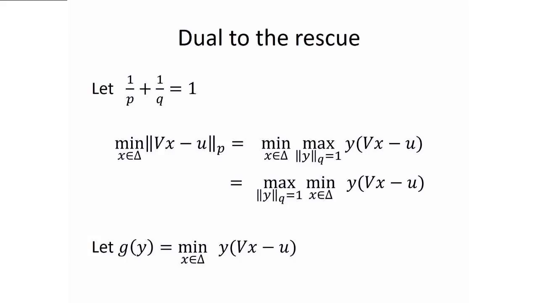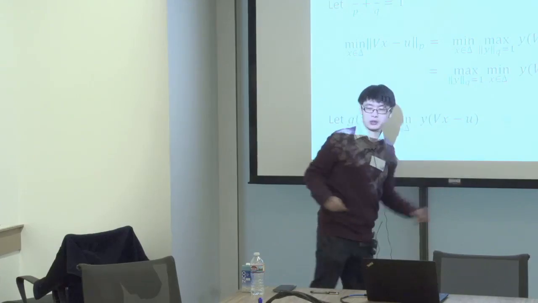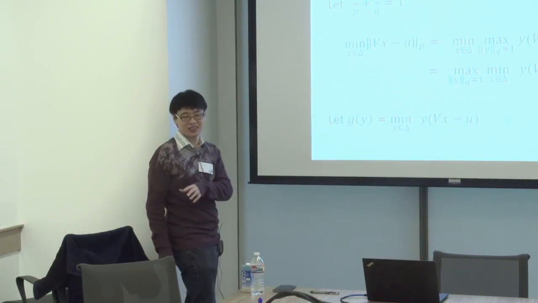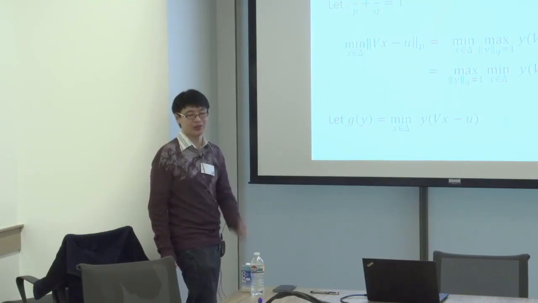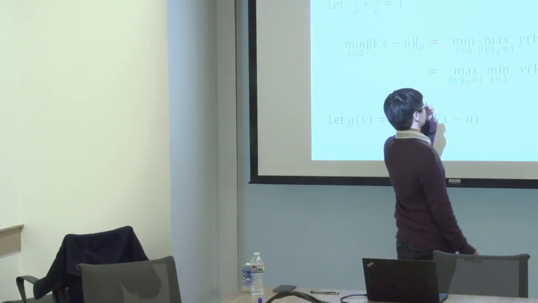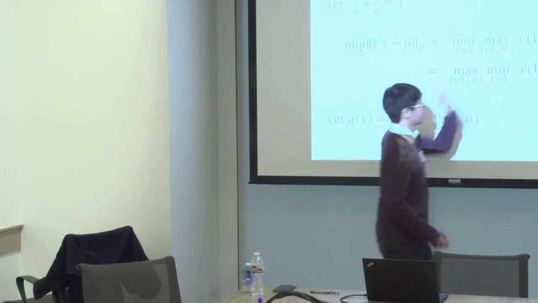So our method is not something very new, but it's basically to look at the dual. If the primal is too hard, sometimes you can get away with it by going to a dual, which can be nicer. So we just go to a dual.